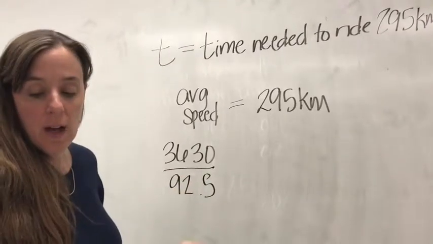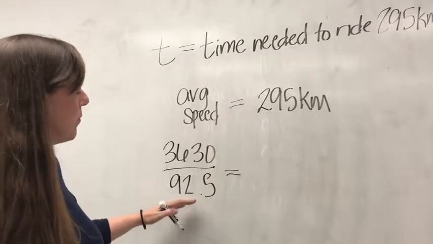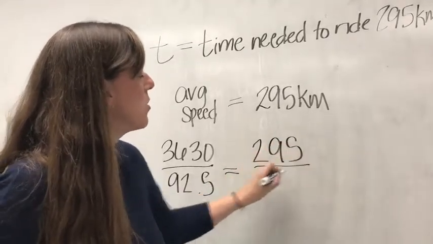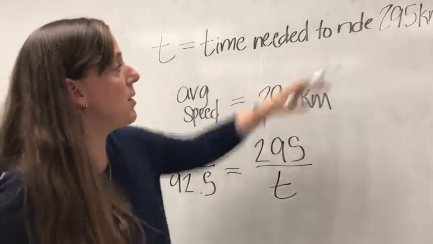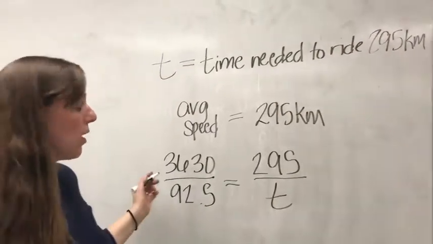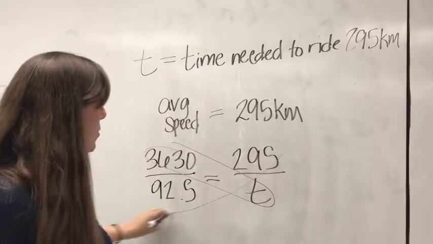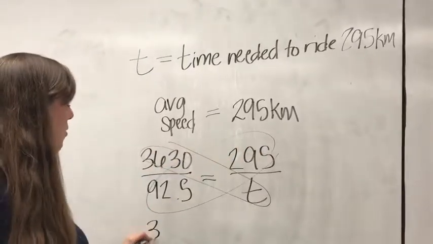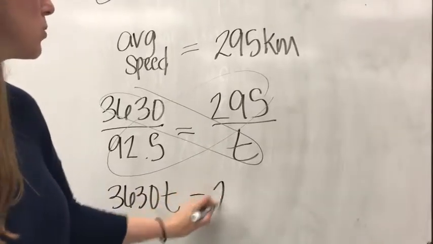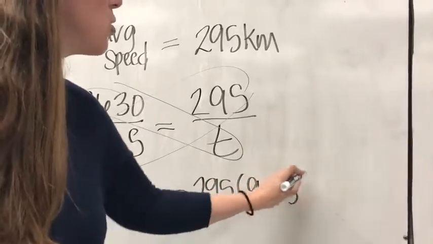And so that's going to equal the ratio of 295 kilometers to T, the time needed to ride there. So what are we going to do here? We're going to cross multiply. We're going to use the cross products. It's going to be 3,630 T equals 295 times 92.5.